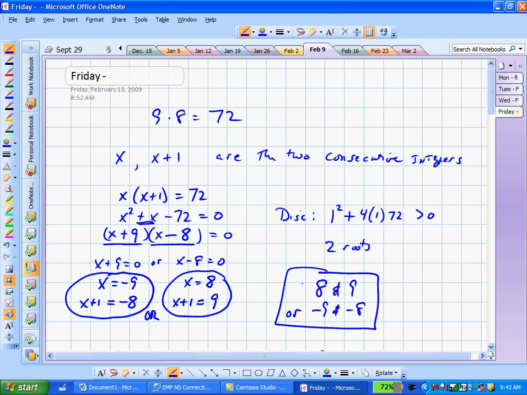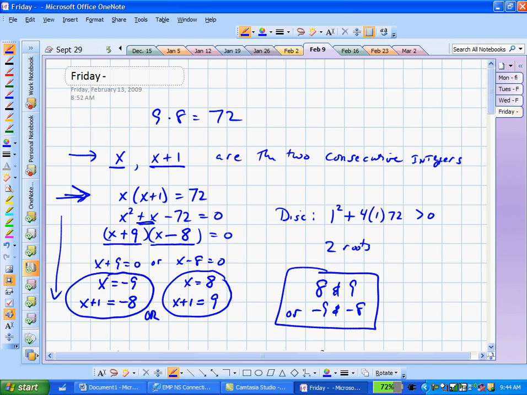But even more importantly, this is the work that you'd want to show. This is a pretty trivial problem, but it certainly shows us how to think about the problem. We declare a variable, and we see what the consequences are. We set up an equation, and then we run with it. We just see where it goes. Sometimes it's surprising, and we have to think, oh yeah, that makes sense.